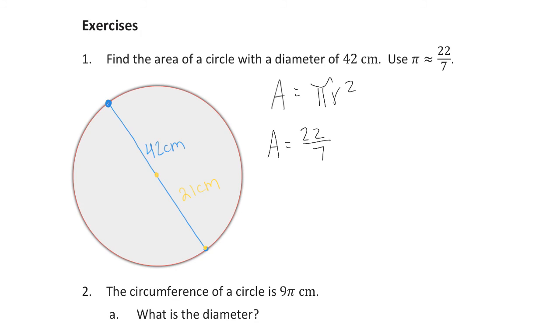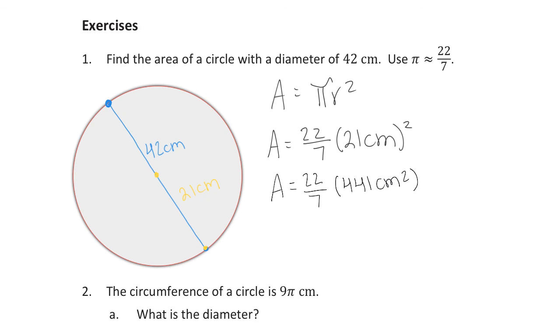So we have 22 over 7 times 21 centimeters squared. Let's go ahead and square our radius. So we're going to have 21 times 21. 21 times 21 is going to give us 441 centimeters squared.